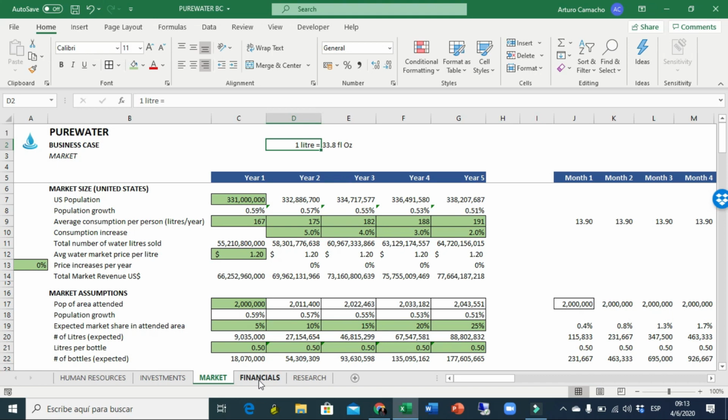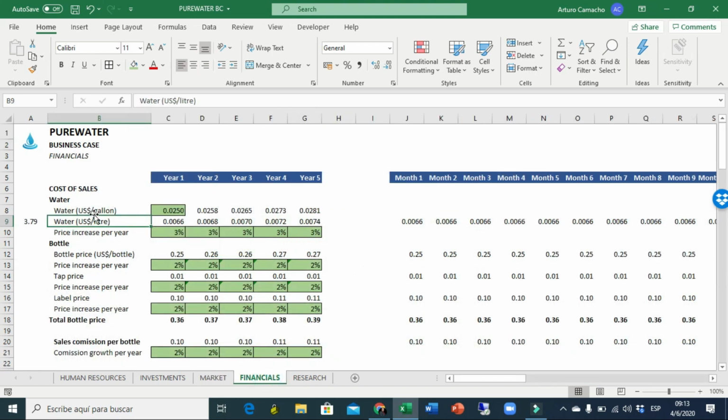Sorry about that. Okay, so the water price, which I'm going to need because I'm going to work all my business case in liters, is going to be the dollars per liter. This is just the division of this price by the amount of liters that there is in a gallon. Okay, so I use a price increase per year.